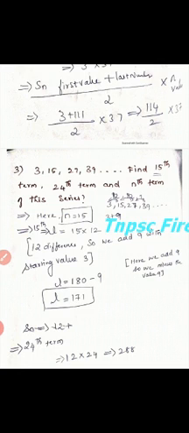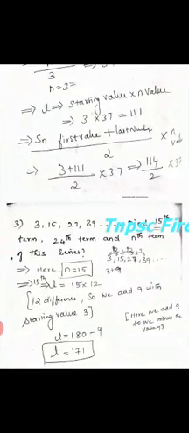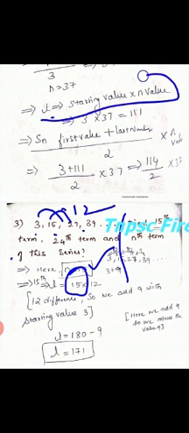n equals 15. First we have to find the 15th term. So first of all we take n equal to 15. So what is the difference? The difference is 12. 3 to 15, 12. 15 to 27, 12. The difference is 12. So what is the formula for L? Starting value and n value.